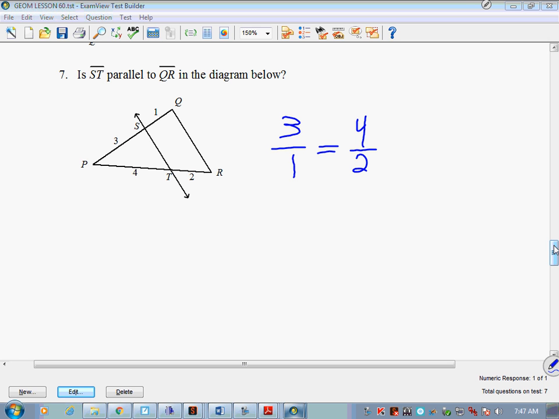And the simple answer is 3 is not equal to 2. Right? 3 divided by 1 is 3, 4 divided by 2 is 2. So the answer is no. It's not proportional, so therefore it is not parallel.